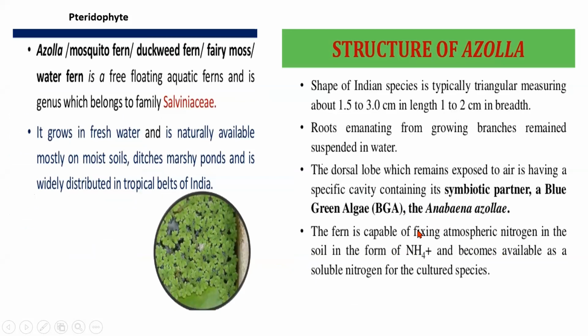So this ammonium is taken up very readily by the plants because it is very soluble, and it directly gets incorporated as amino acid inside the plant.